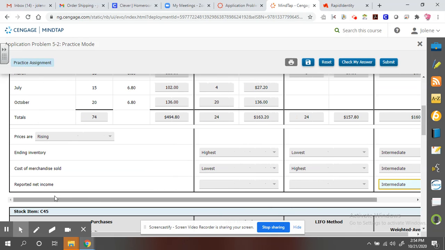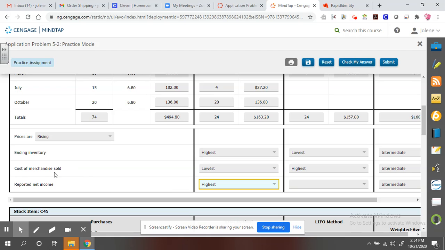All right, so the next thing says reported net income. So let's think about this logically. My cost of merchandise sold was the lowest that I could get it. That means my profit was the highest I could get it.